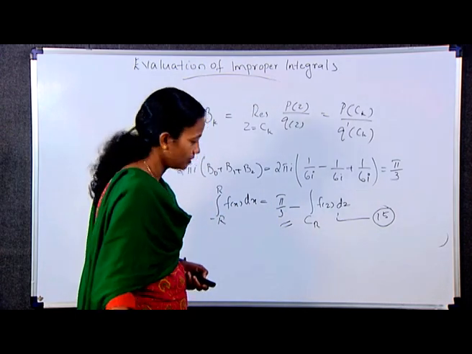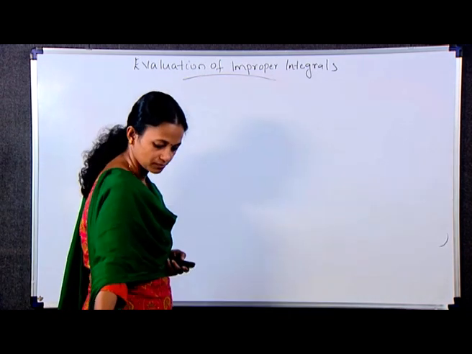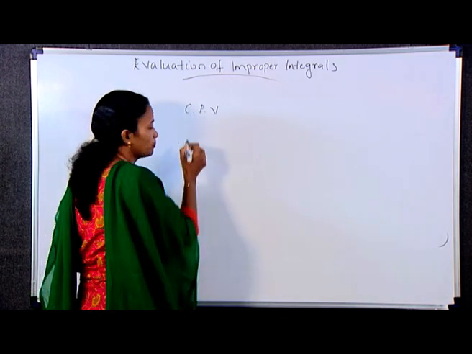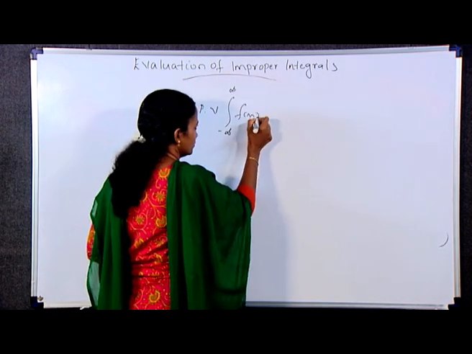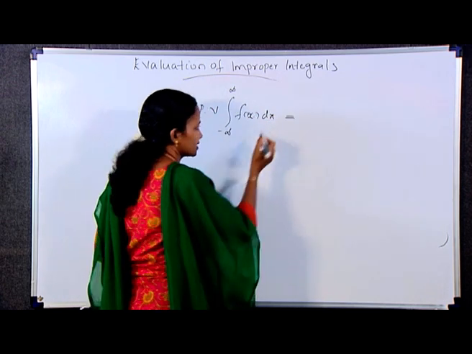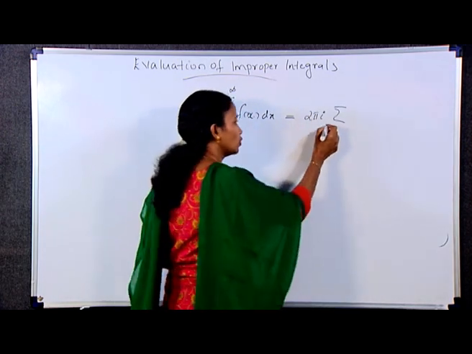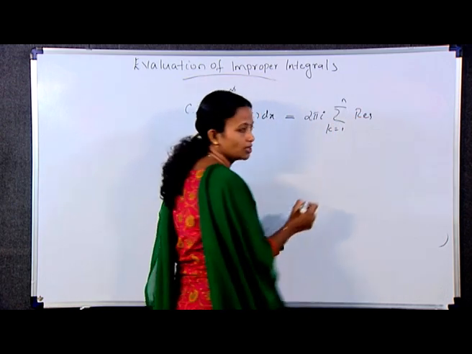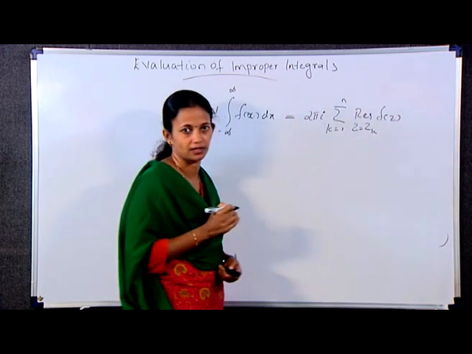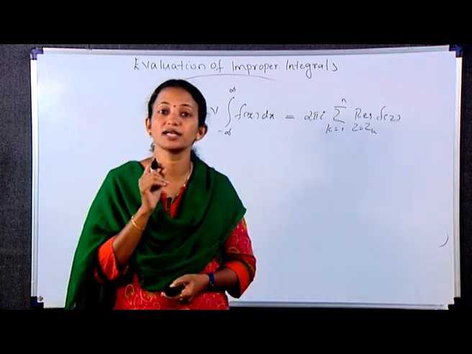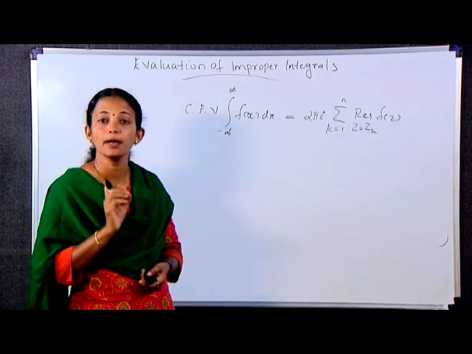That is the Cauchy principal value, CPV of minus infinity to infinity f(x) dx is equal to 2 pi i times sigma k varies from 1 to n residue at z = zk of f(z). That is CPV minus infinity to infinity of f(x), which is x square by x raised to 6 plus 1 dx, which is equal to pi by 3.